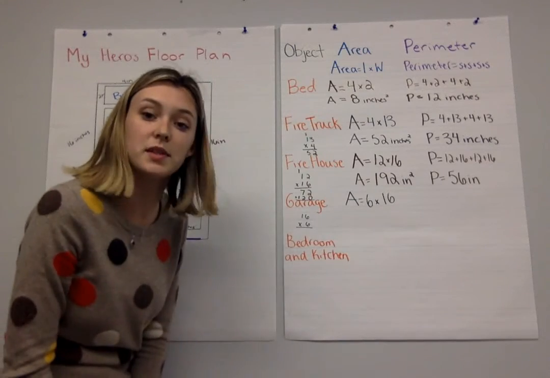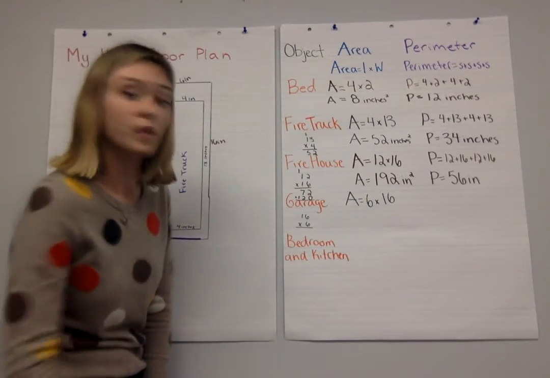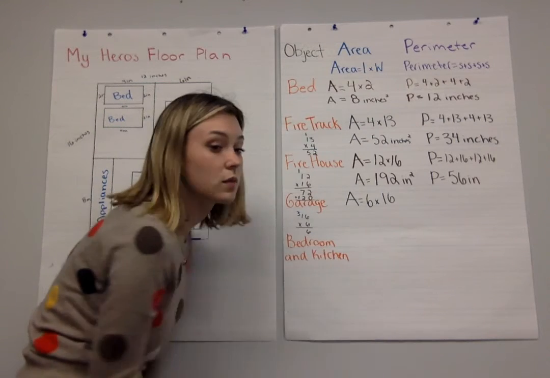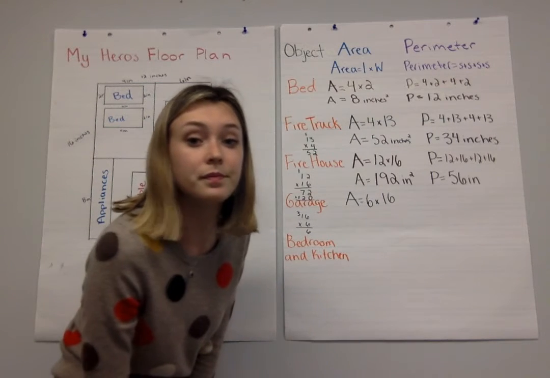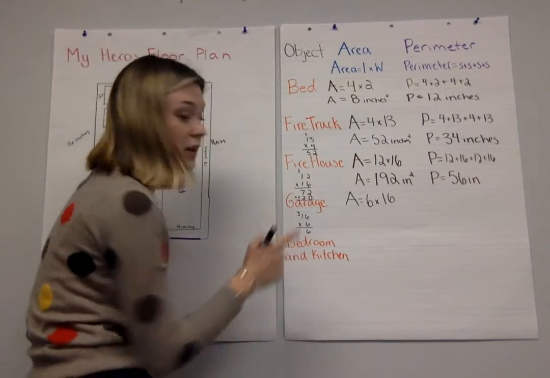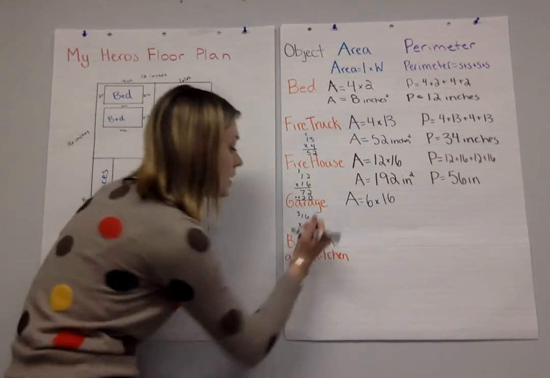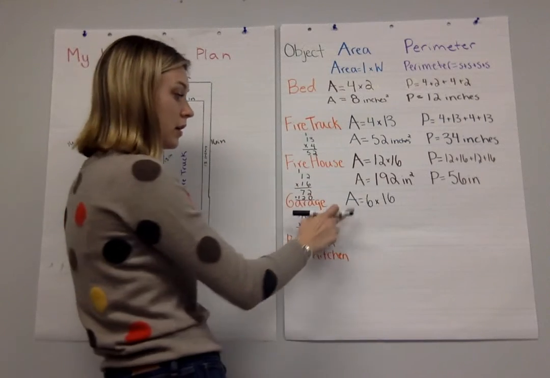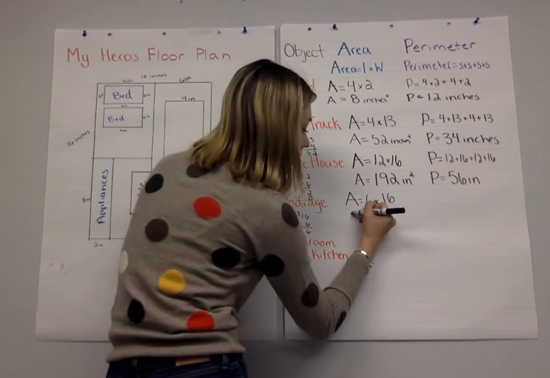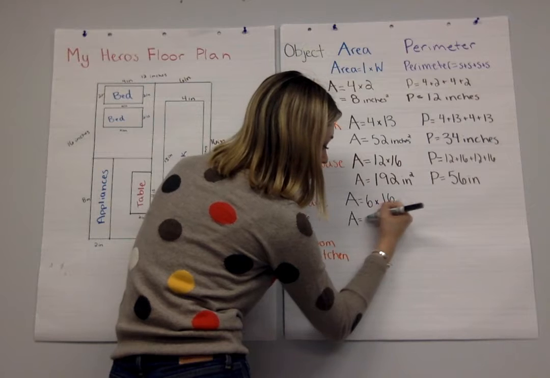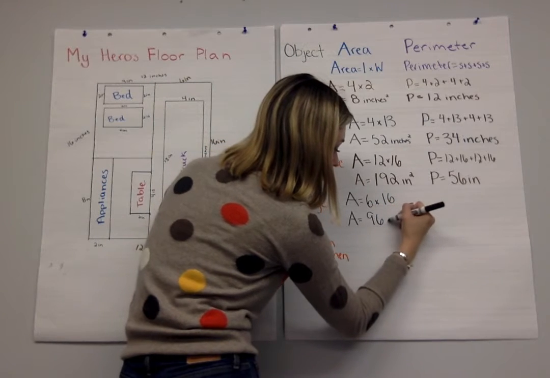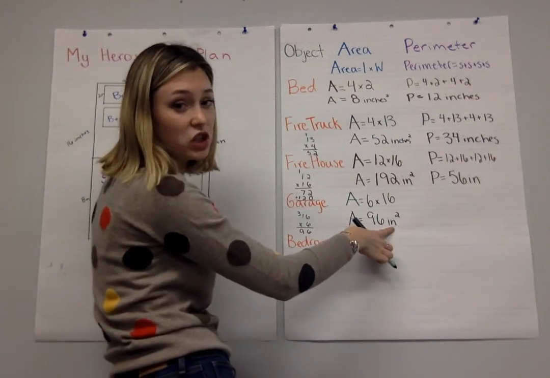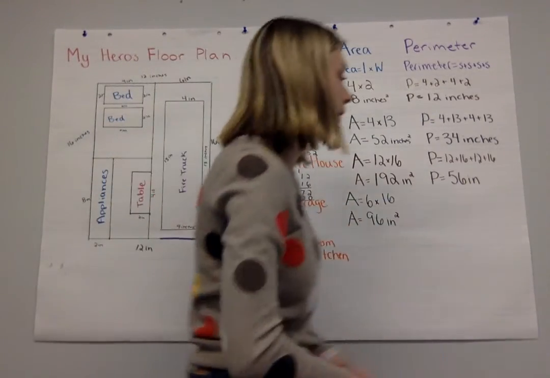What is 6 times 6? 36. 6 times 1 is 6, plus 3 is 9. So 16 times 6 is 96. So our area is 96 inches squared. Again, with my little abbreviation, inches squared.